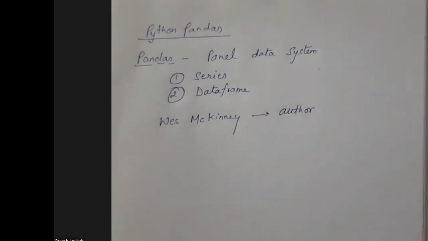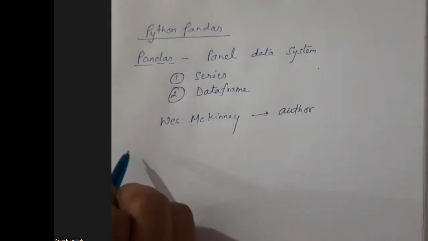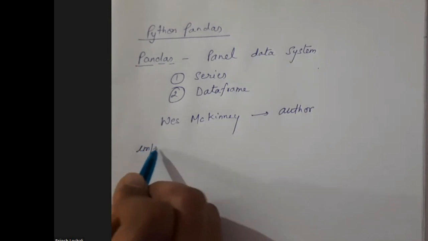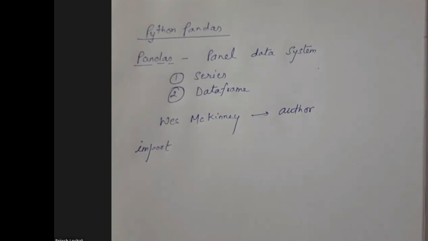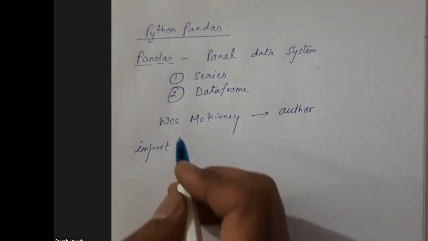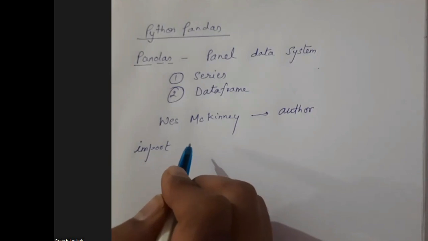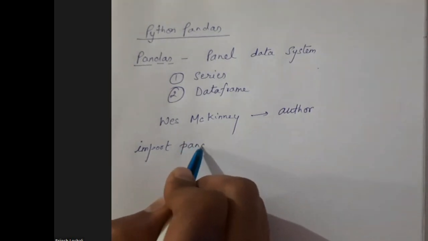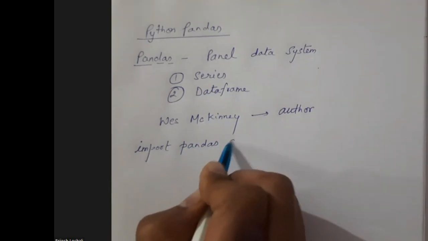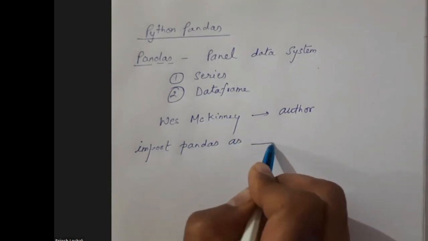For the Pandas library, we need a keyword called import. The import keyword helps us to import any library in Python. So we write import pandas, everything in small letters, as, and here what you write is a variable.